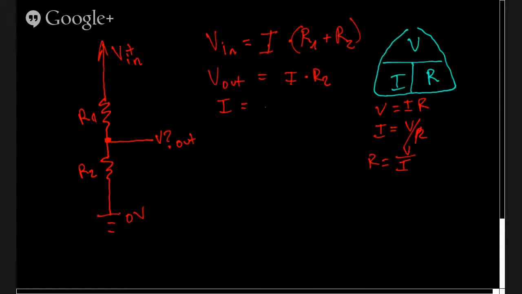Basic algebra. So we got I, and we can substitute our V over R here: V in over the sum of the resistances, R1 plus R2. And we plug that all in to our V out.